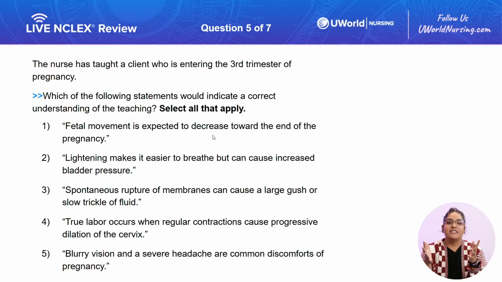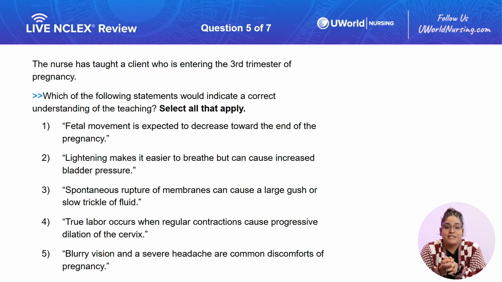Our next question says, the nurse has taught a client who is entering the 3rd trimester of pregnancy. Which of the following statements would indicate a correct understanding of the teaching? Select all that apply. Option 1, fetal movement is expected to decrease toward the end of pregnancy. Option 2, lightening makes it easier to breathe but can cause increased bladder pressure.